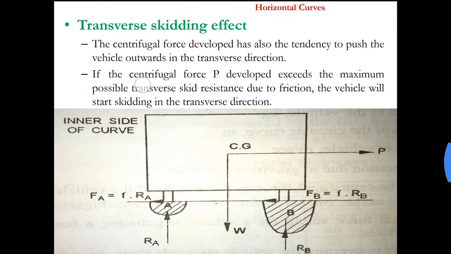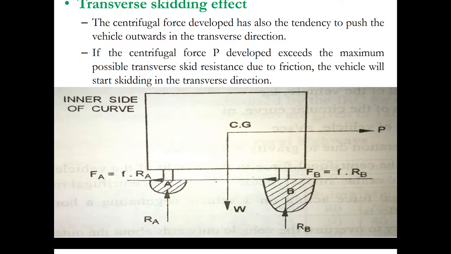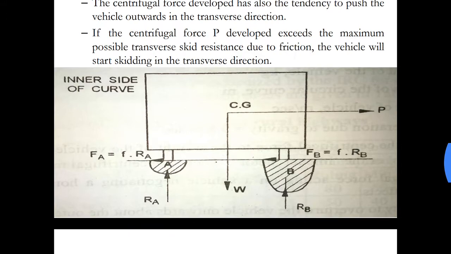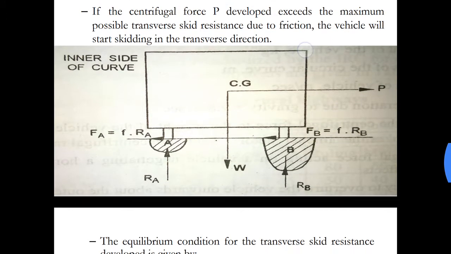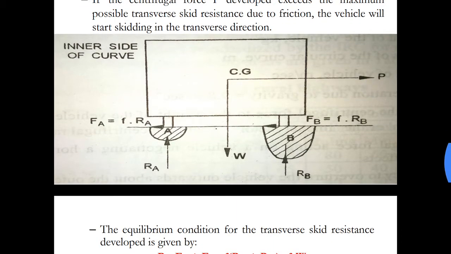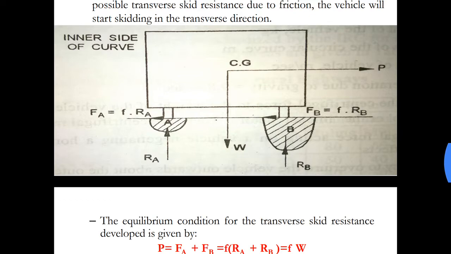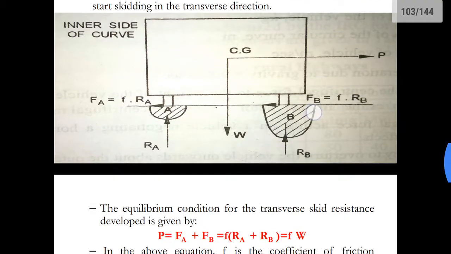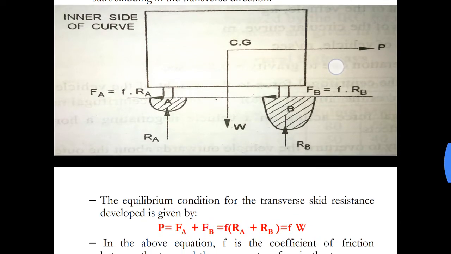If the centrifugal force P developed exceeds the maximum possible transverse skid resistance due to friction, the vehicle will start skidding in the transverse direction. This is obvious. If this P value is greater than the friction offered by the pavement surface and the tires, then there would be a lateral skidding on the outer side.